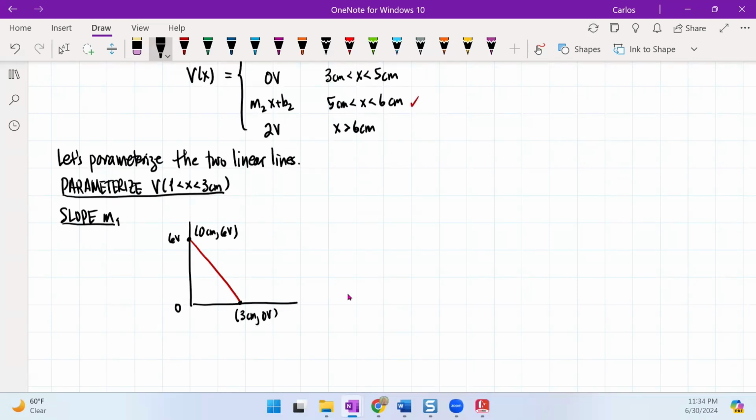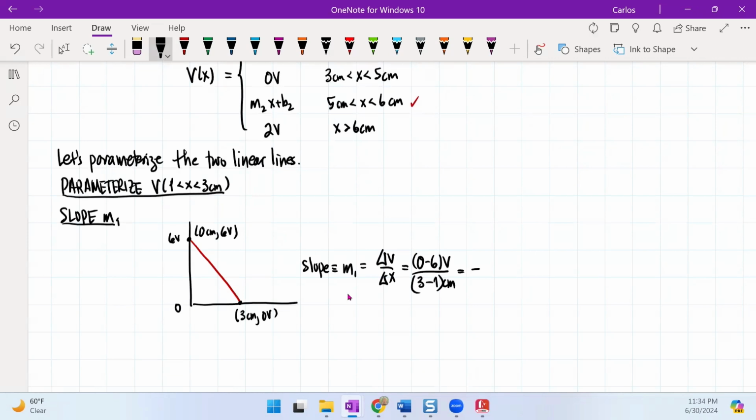So now I can get the slope. When I look at the slope of this, which I've called M1, that has to be, as we say, the rise over the run. In this case, this is going to be 0 minus 6 volts, over 3 minus 1 centimeters.